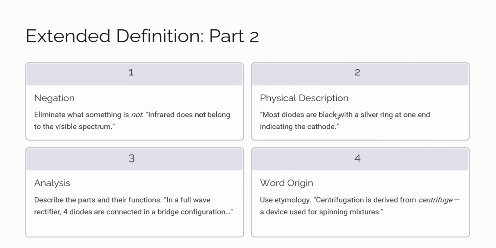You are making people understand that diodes are black and they have a silver ring at one end, and that silver ring is indicating the cathode of the diode. So that physical description has given you an extended definition.